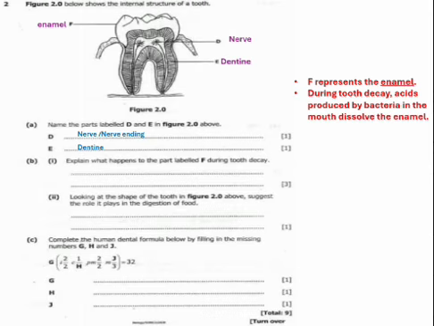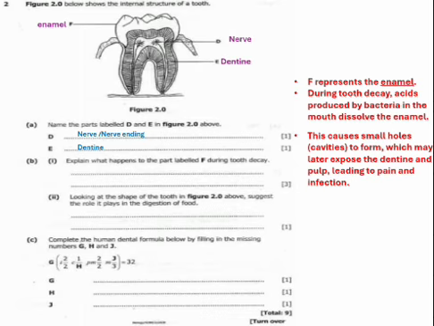During tooth decay, acid produced by bacteria in the mouth dissolves the enamel. This causes small holes, cavities, to form, which may later expose the dental pulp, leading to pain and infection. To get a full 3 marks, you need to explain all this.